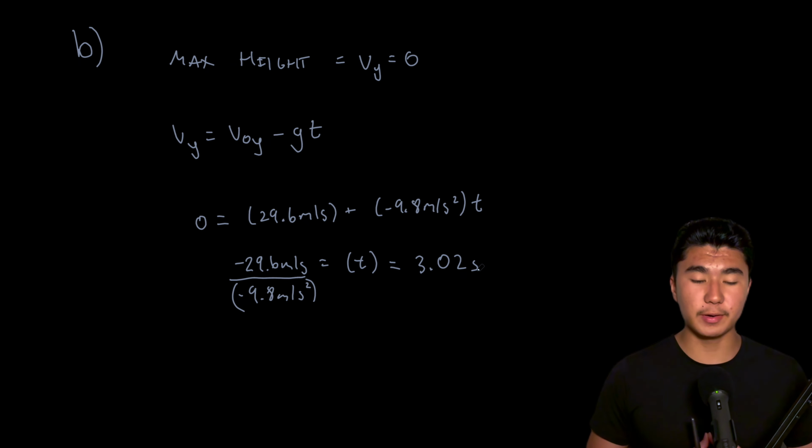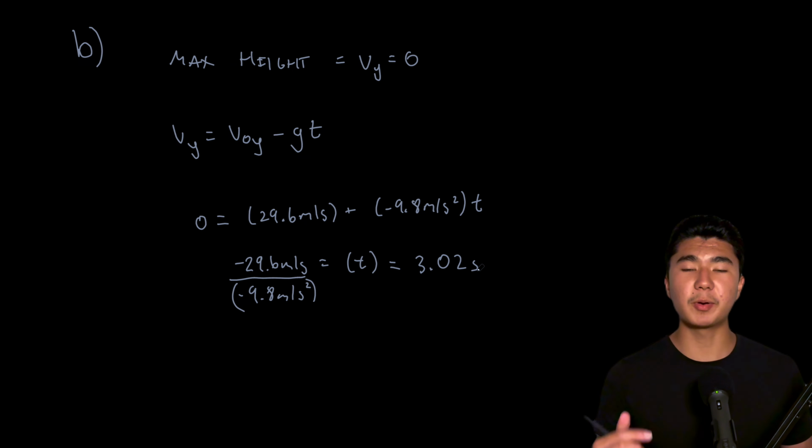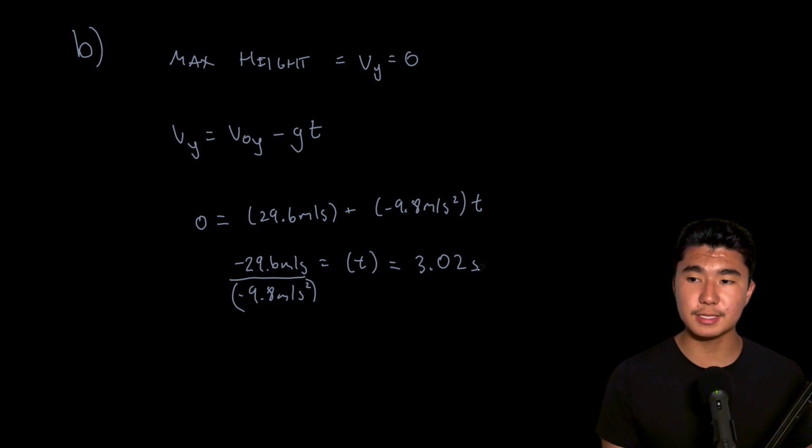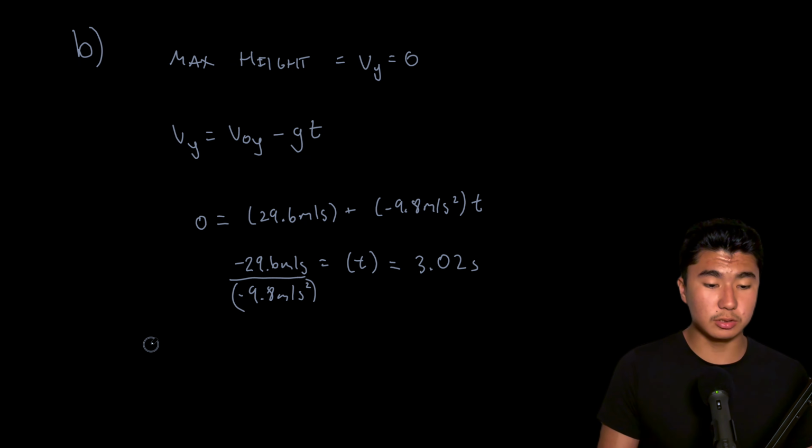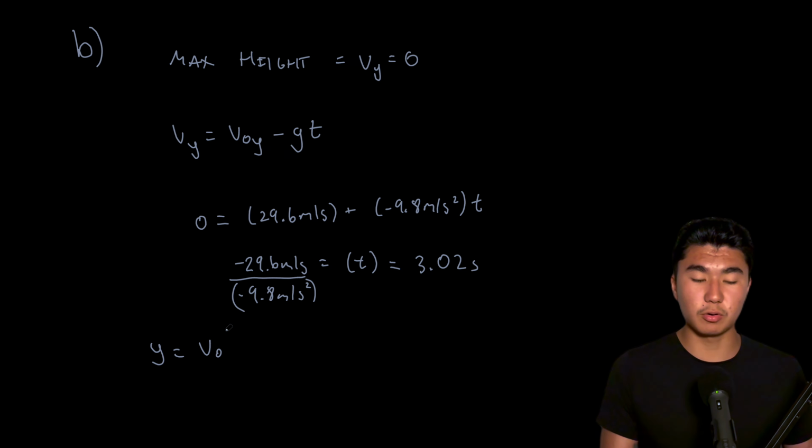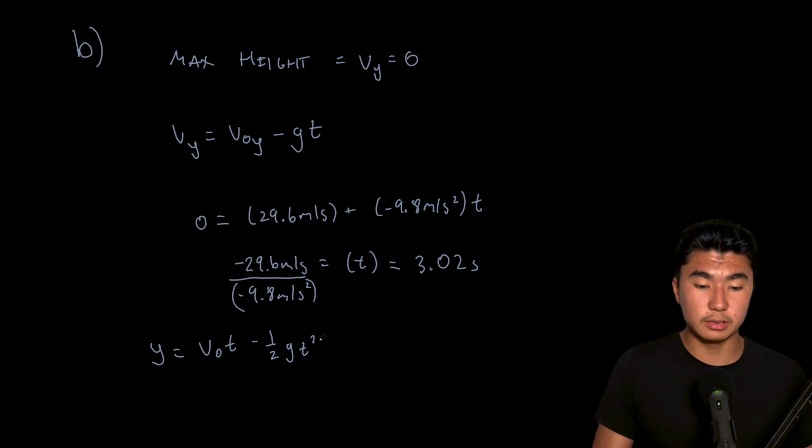Now we have to figure out, well, what is our maximum height? Remember, height is in our y-axis, so all we really have to do is use one of the big three equations. We know our initial position, our initial height, is going to be 0, so we can disregard that, and we have 1/2 gt squared.